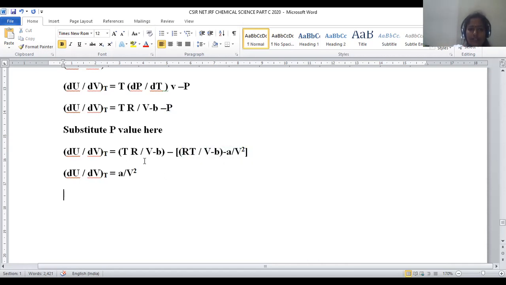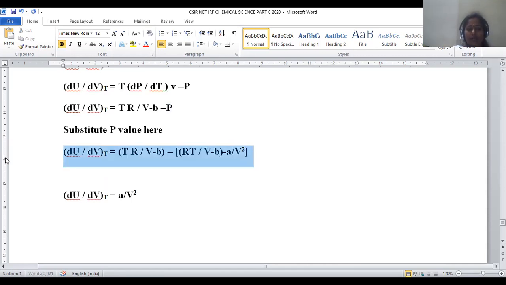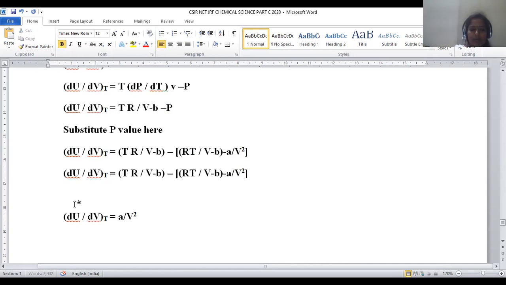When we observe it clearly, the entire term is present, so we can write one more step here to make it very clear. How will it be? This entire term is positive, and this entire term is negative, and we are multiplying with this one.